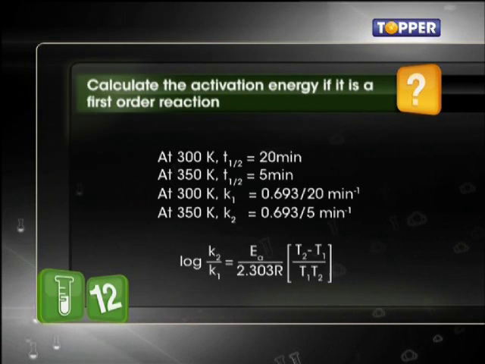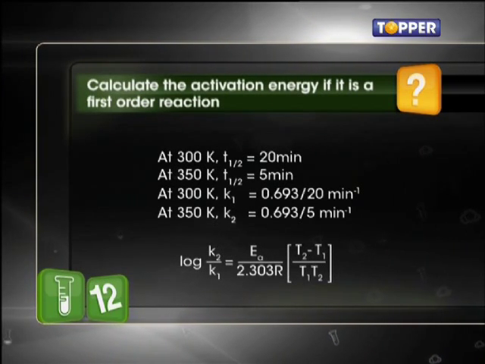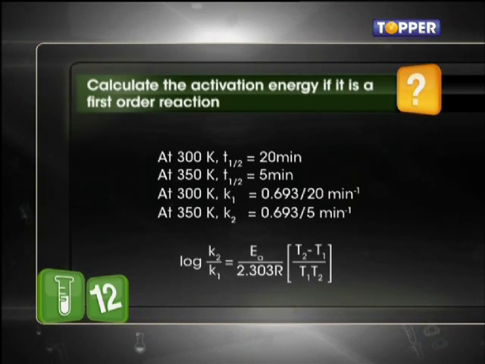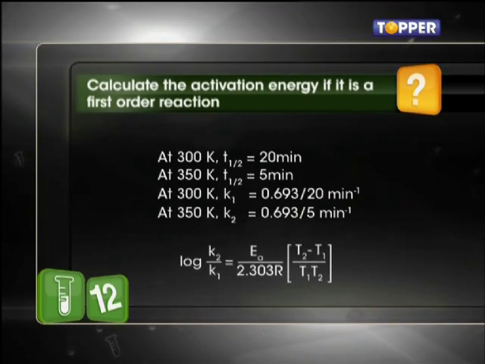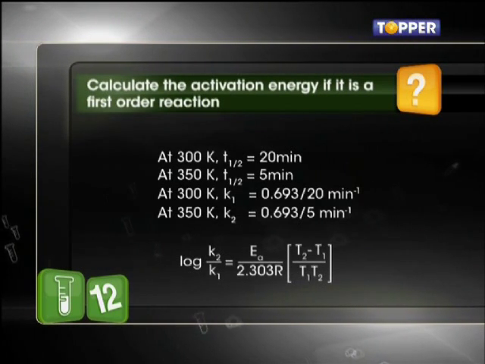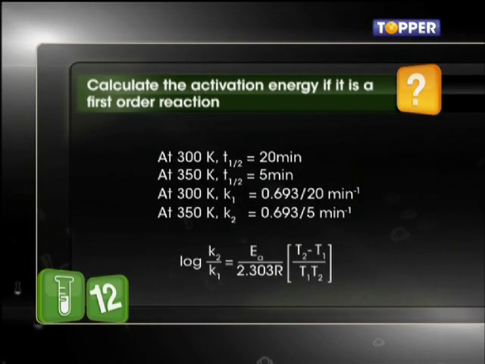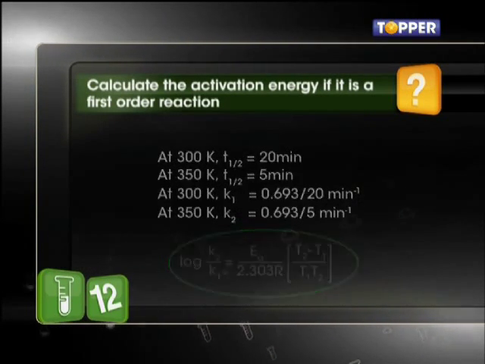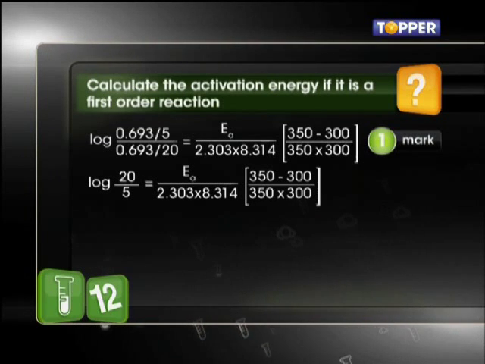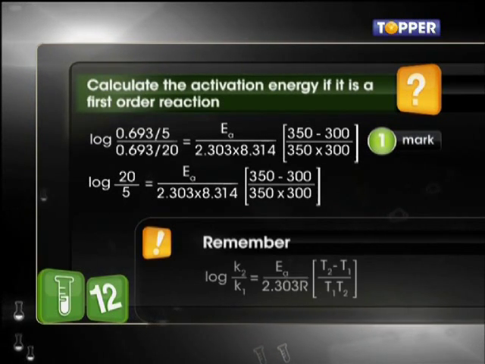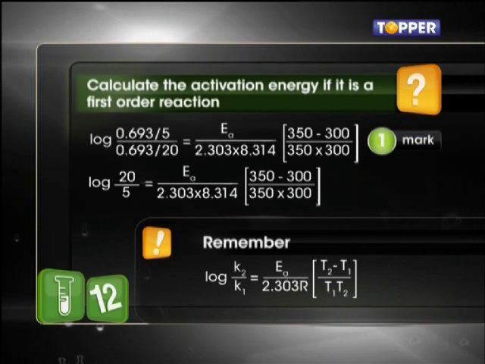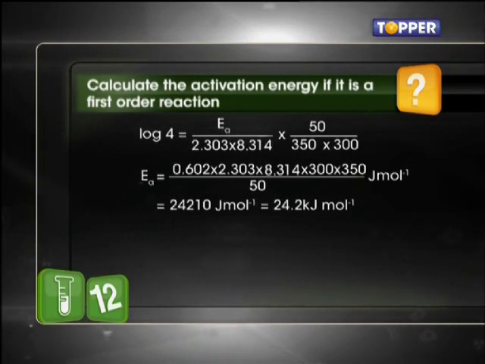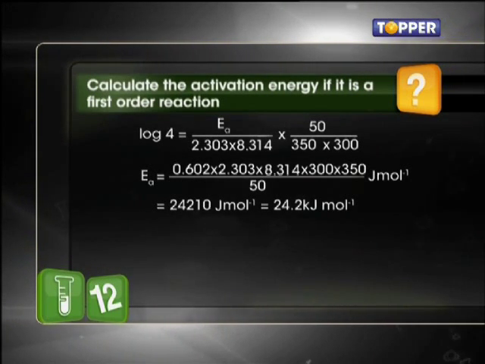Now, recall that the Arrhenius equation states that log K2 divided by K1 is equal to activation energy Ea divided by 2.303 into R multiplied by T2 minus T1 upon T1 T2. After substituting the values in the formula, we get the answer for activation energy as 24.2 kilojoules per mole.